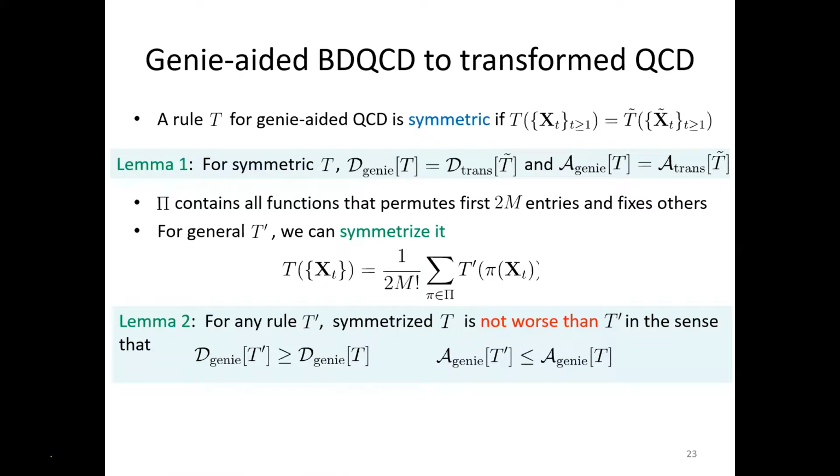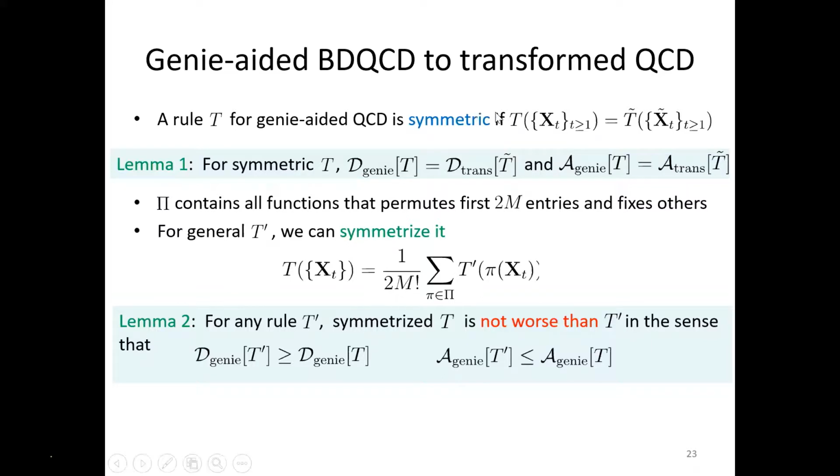First of all, a rule T is said to be symmetric if it doesn't matter how we permute the observations. Then the rule is said to be symmetric.